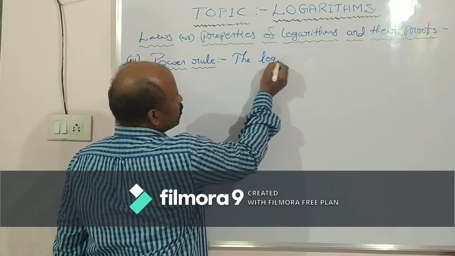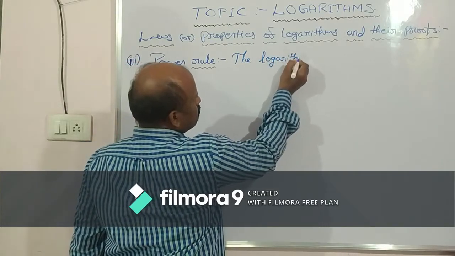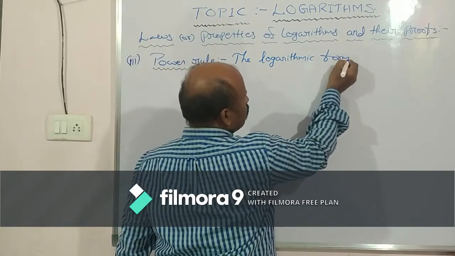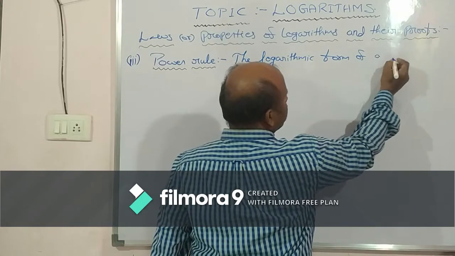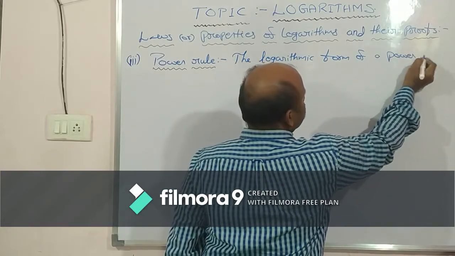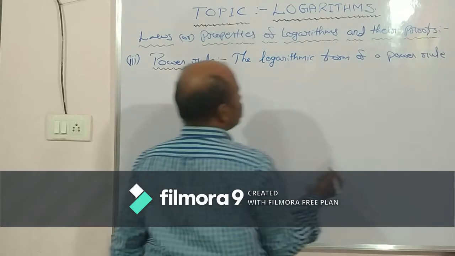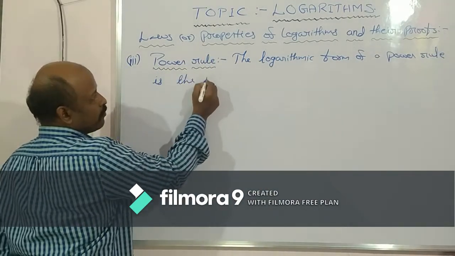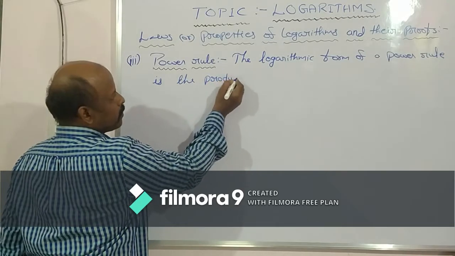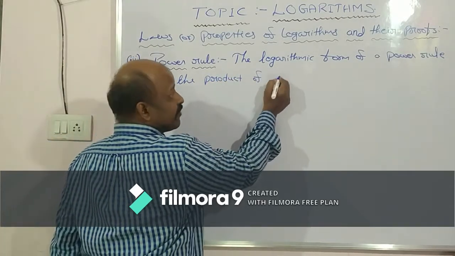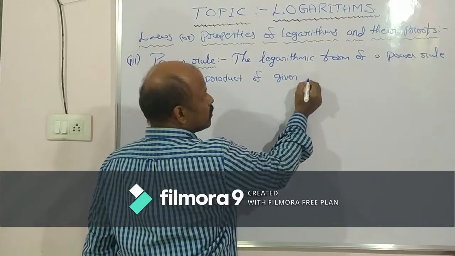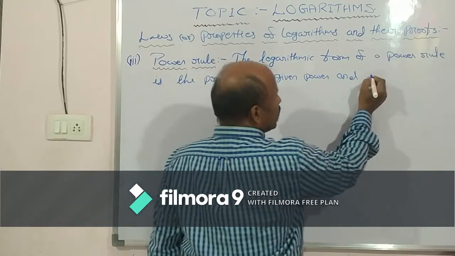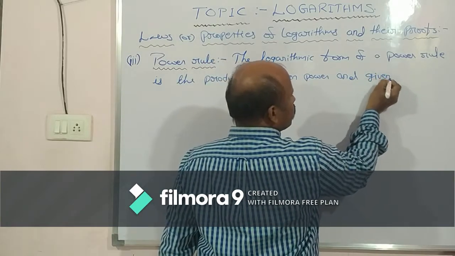The logarithmic form of a power rule is the product of given power and given logarithmic term.